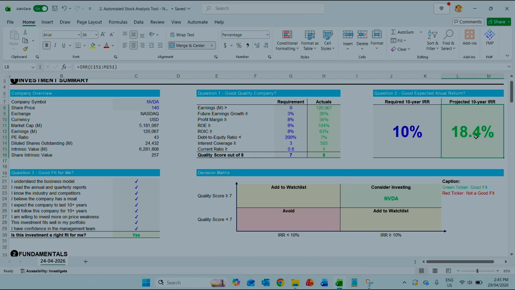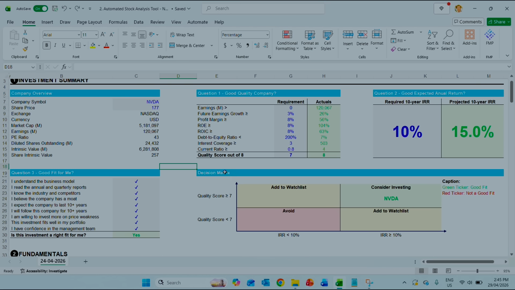That's a tremendous difference. But the only way for you to take advantage of this price is to be highly convicted by this company. And to be highly convicted, you need to understand the business model, and you need to spend time reading the annual and quarterly reports, etc.